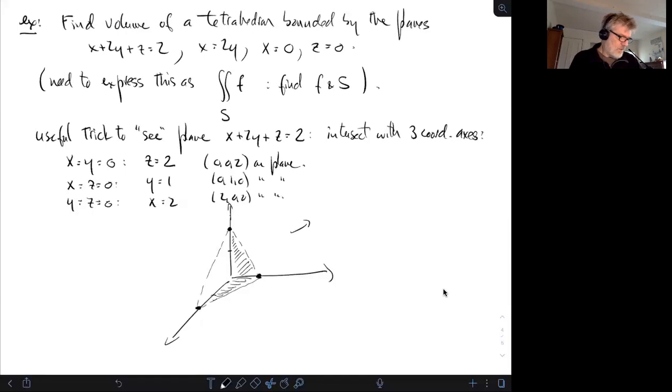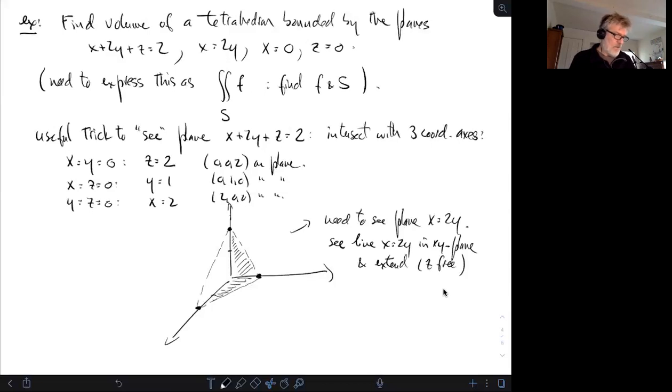So I need to see the plane x equals 2y, okay? But z is free, so this thing is vertical, right? So you just look at the line x equals 2y in the xy plane, and extend, so z is free, right? So x equals 2y, that's y equals x over 2.